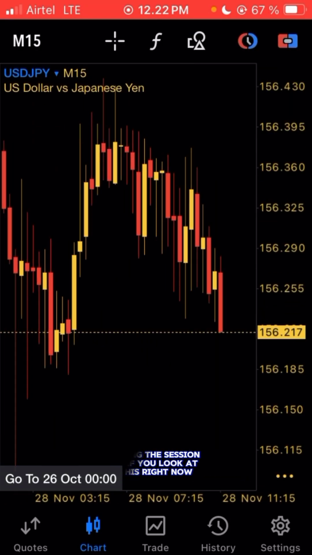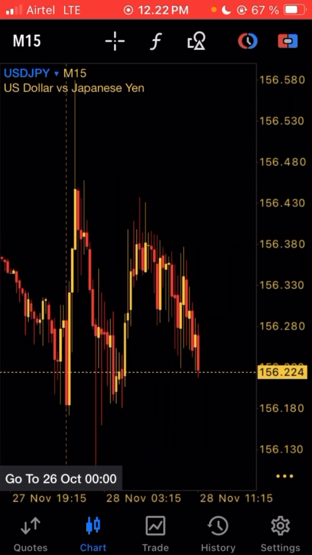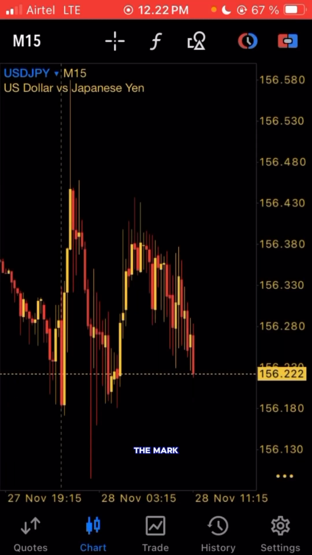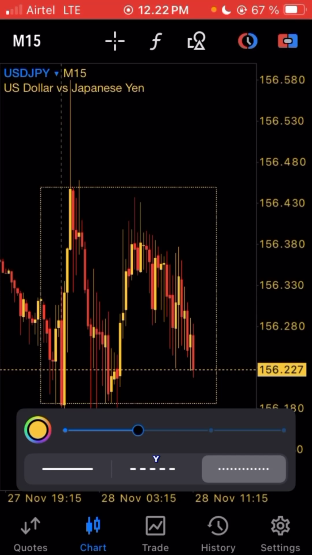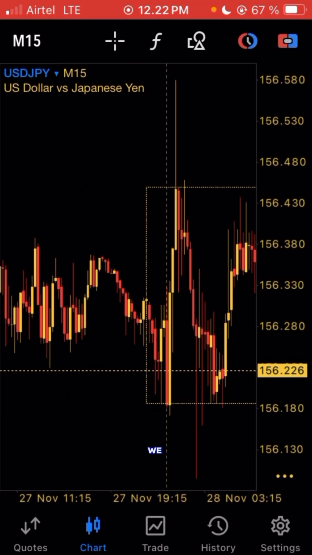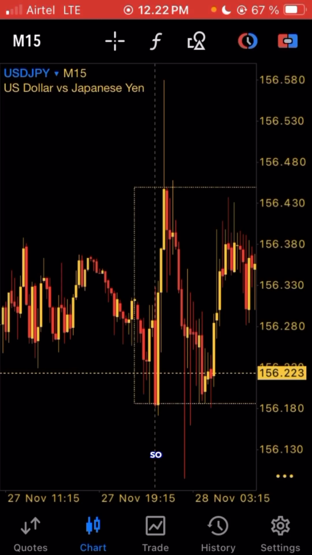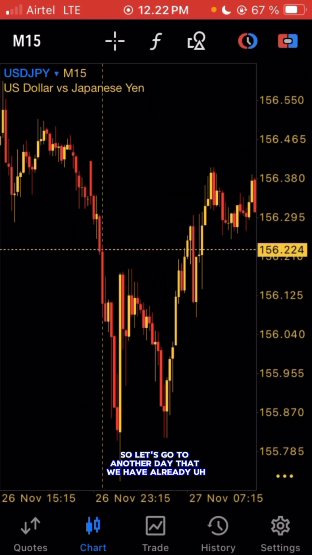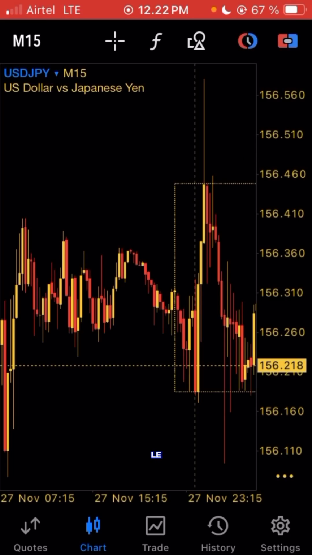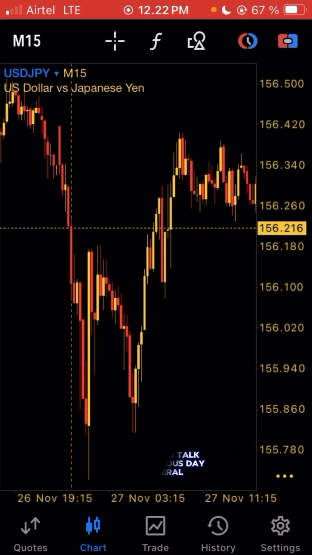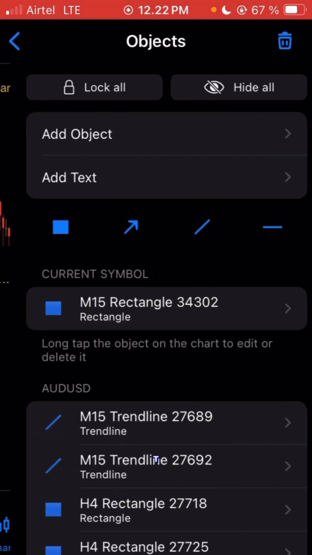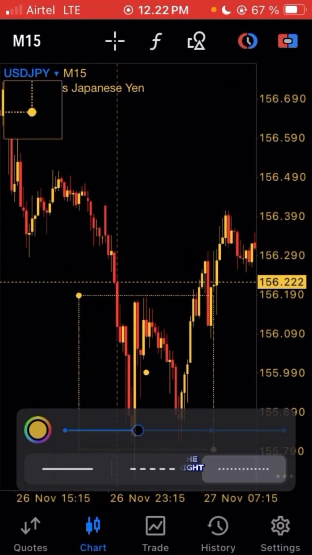So if you look at this right now, you're going to see that the market is having sort of consolidation, right? You see that. So we have not approached the New York session yet. So let's go to another day that we have already, let's talk about a previous day in general. So you look at this, this is during the Asian session, right? Good.